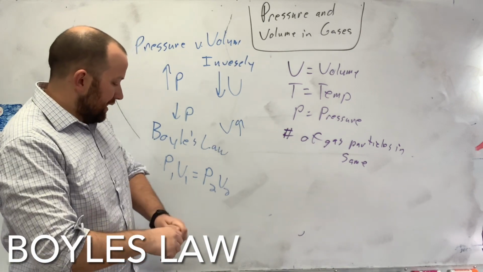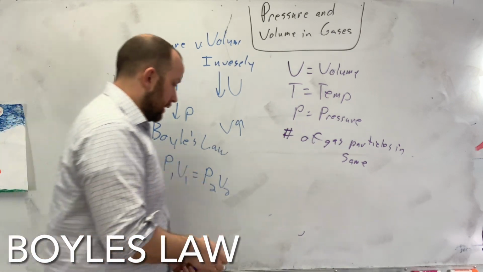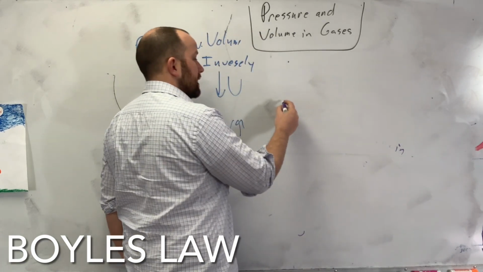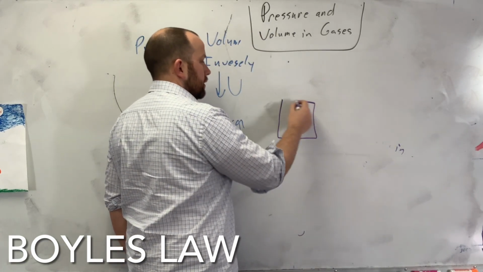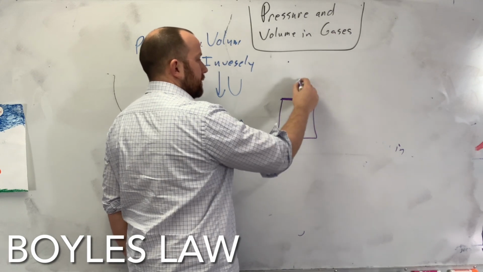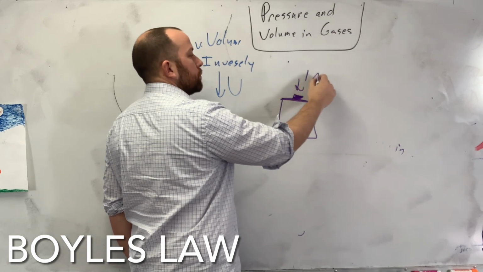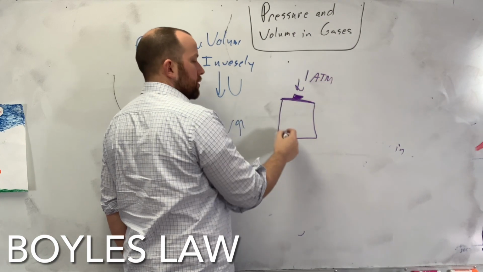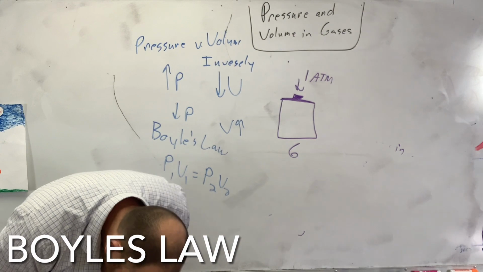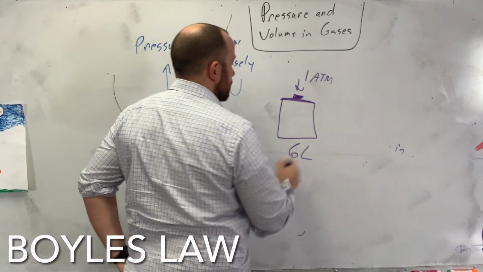An example of this would be if I have a container and I have a weight on top of it. Let's say that's 1 atmosphere, which is how we measure it, and let's say this is 6 liters altogether.